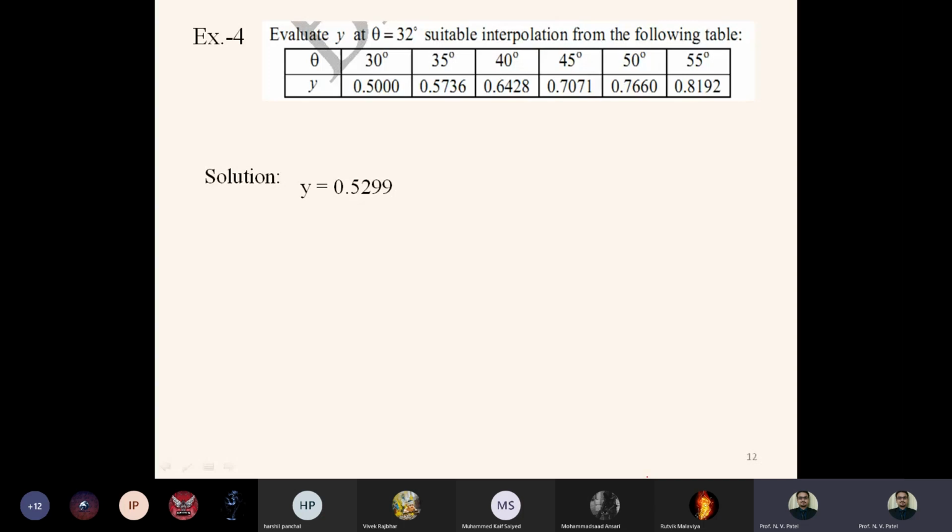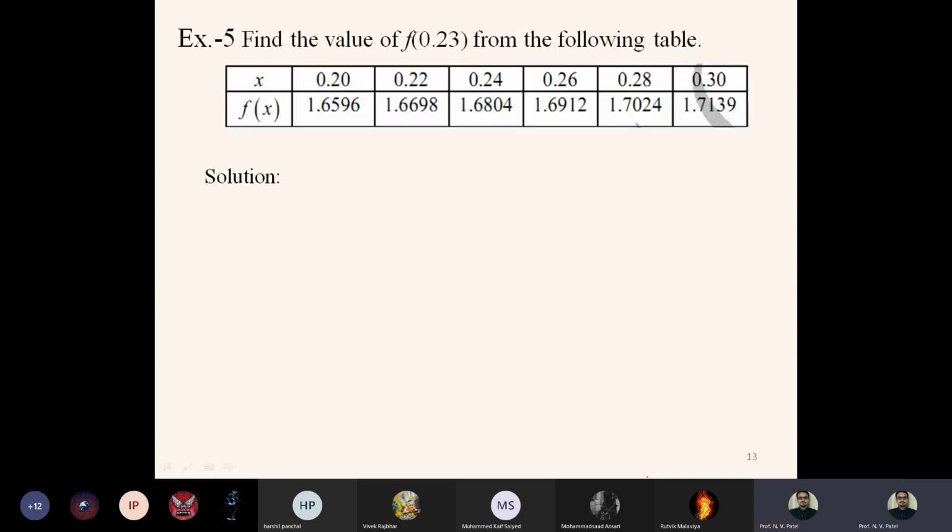Corresponding y values are 0.5000, then 0.5736, 0.6428, 0.7071 and so on. So using the tabular values and forward interpolation, you will get that answer.